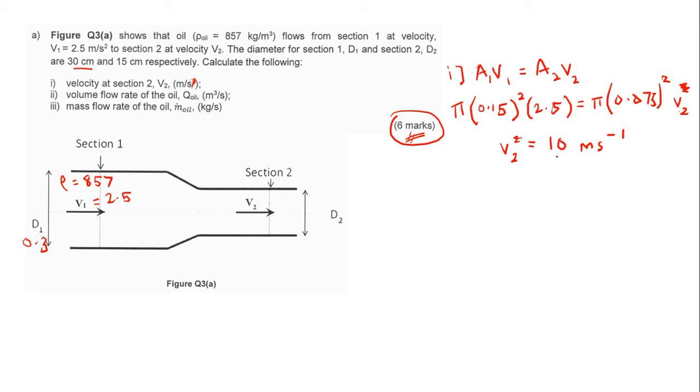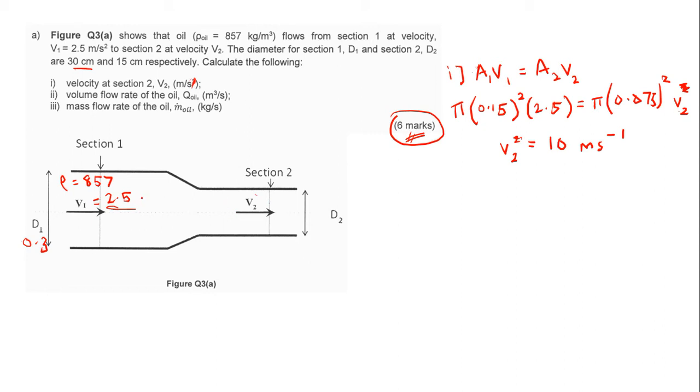Okay, so it's 10. You can double check because the area at V2 is smaller than the area at V1, so the velocity should increase. That's why you get higher velocity at V2.